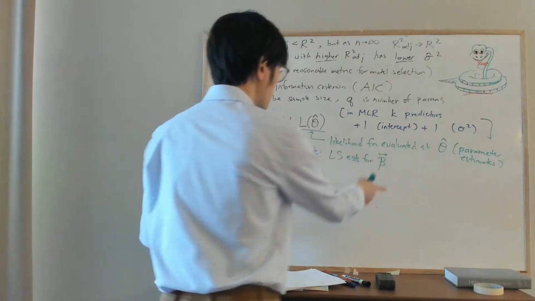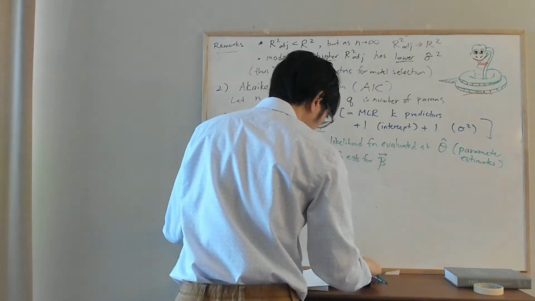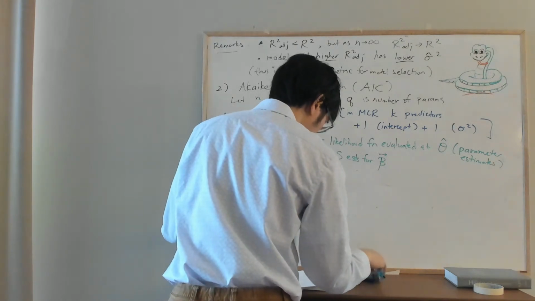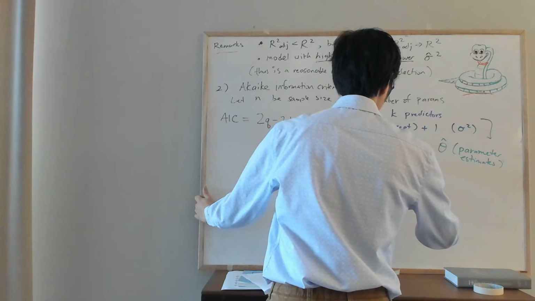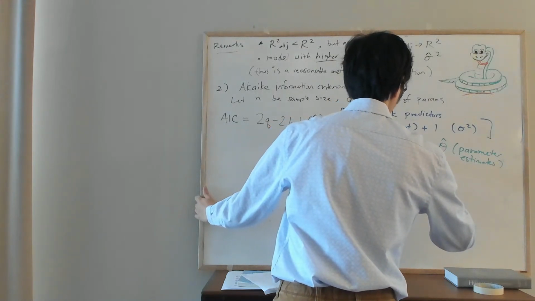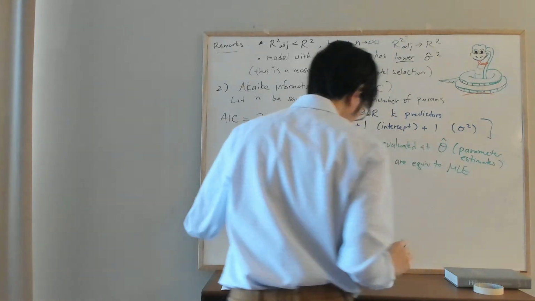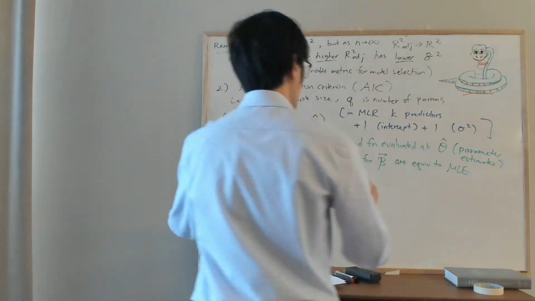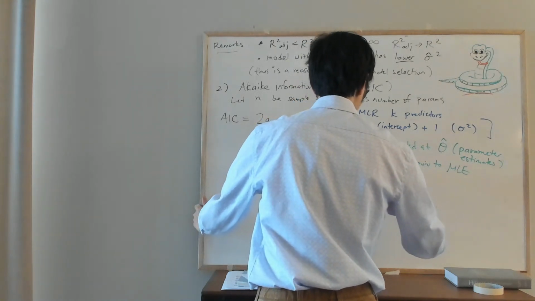The least squares estimate, beta hat, calculated based on the least squares optimizing criterion, is equivalent to the MLEs, the ones you get from maximum likelihood under the usual normal assumptions.